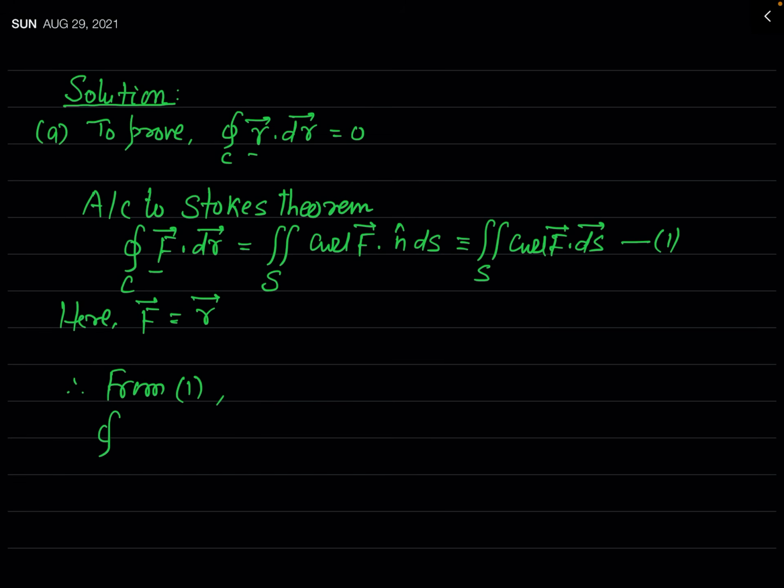You can see integral along C r dot dr, this is equal to integral over S curl of F, but now we will write r at the place of F. So this is curl of r dot dS.